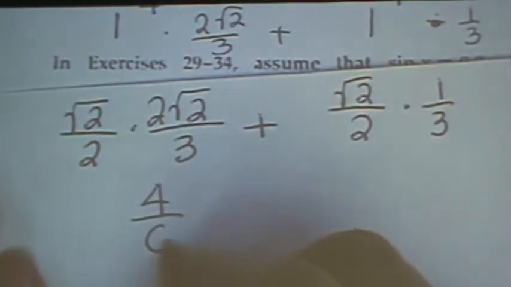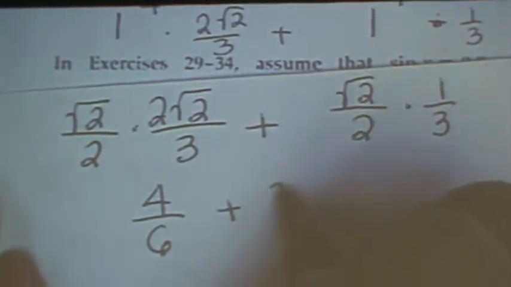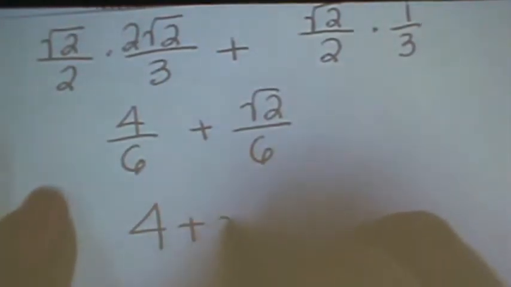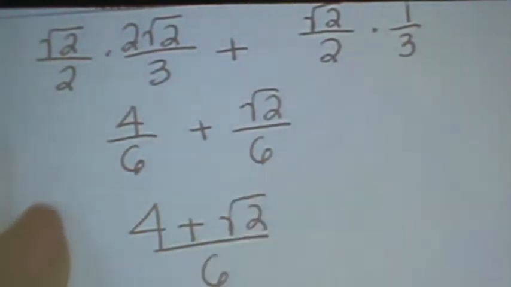There. So now we're going to simplify this. This is going to be 2 times 2, which is 4 over 6, plus root 2 over 6. So the answer would be 4 plus root 2 over 6. That is correct.